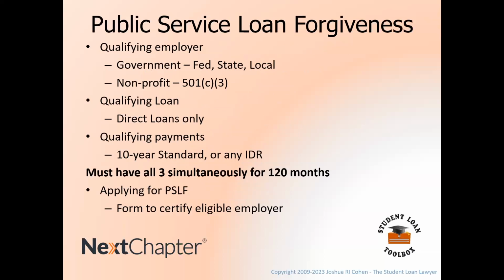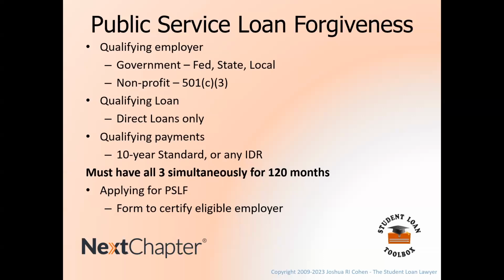All right. So very quickly, public service loan forgiveness. This has been in the news. This is working. You need 3 things: qualifying employer, qualifying loan, qualifying payment. Qualifying employer is any U.S. government, federal, state, local, or a 501c3 nonprofit. Only direct loans qualify. If you have an FFEL, you're not qualifying.